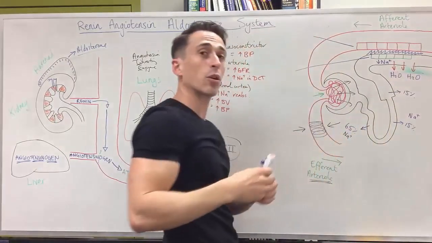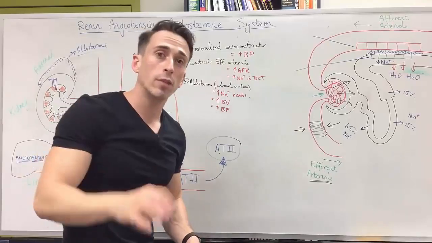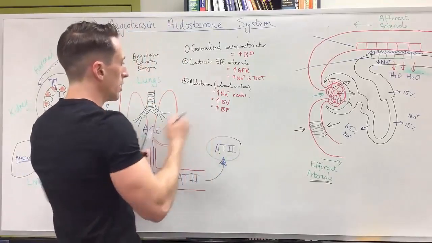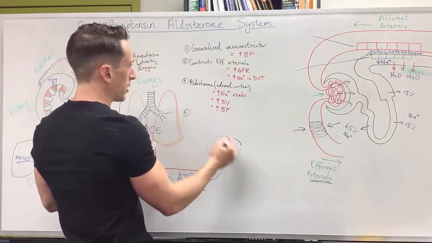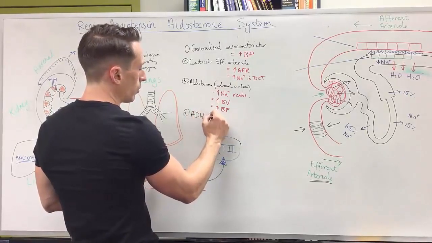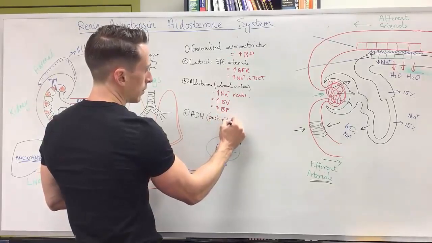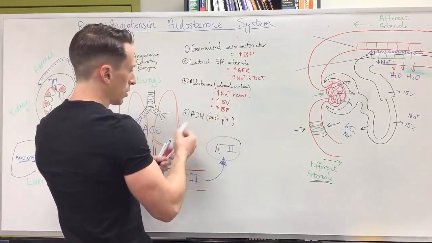This happens at the distal convoluted tubule and collecting ducts. Why more water? Again, more blood volume, more blood pressure. So the last thing I want you to know that angiotensin 2 does, stimulates the release of antidiuretic hormone from the posterior pituitary gland. And this resulted in what?